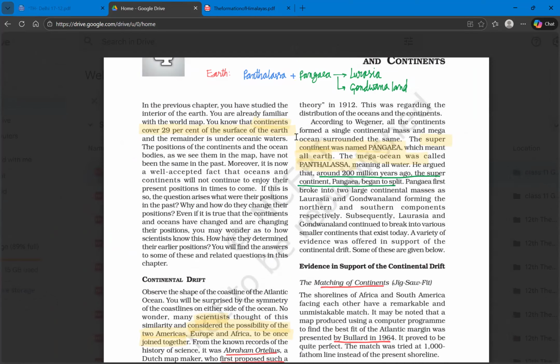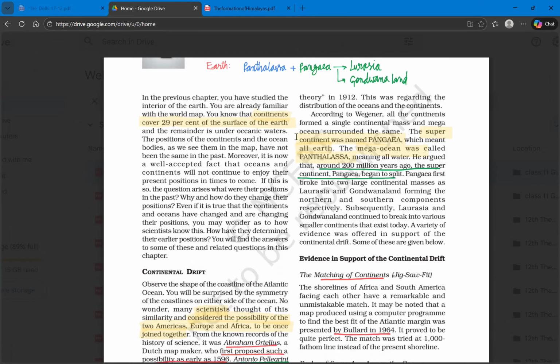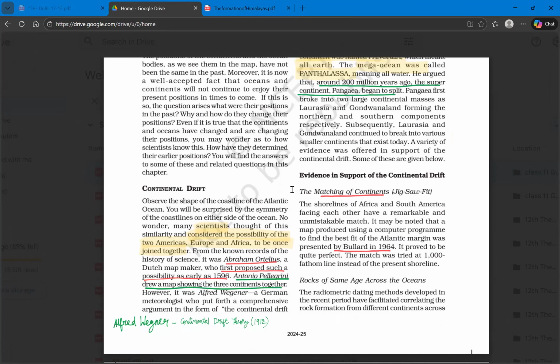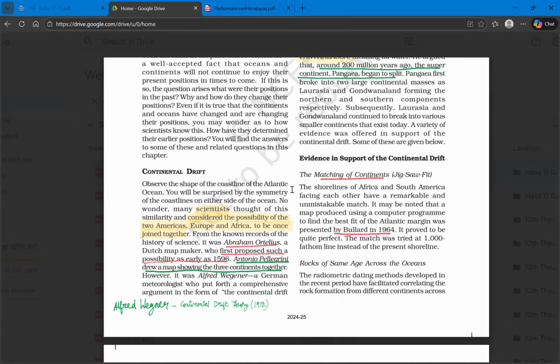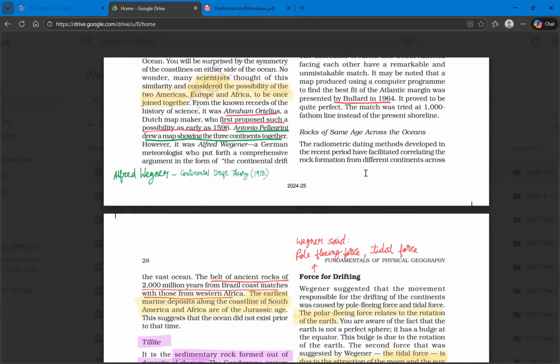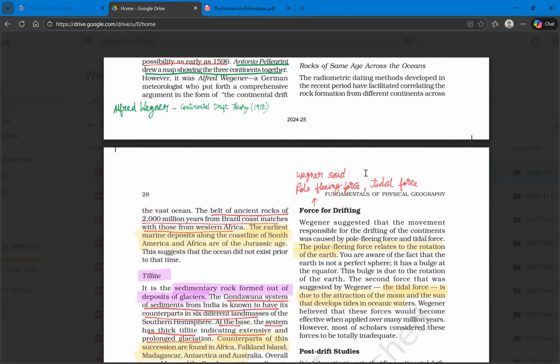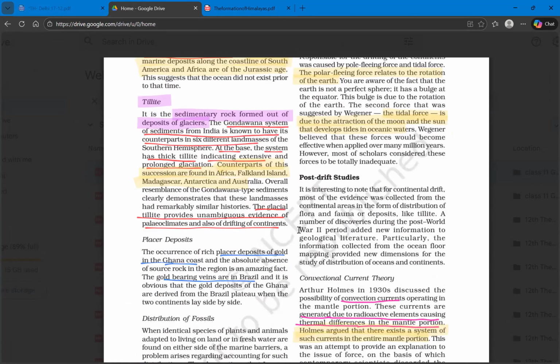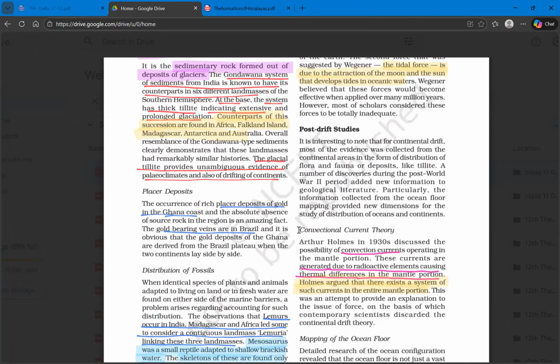Then the Pangaea began to split into two large continental masses called Laurasia and Gondwanaland. And we learned certain evidences that support the continental drift theory, like matching of continents, rocks of the same age across the oceans, tillite, placer deposits, and distribution of fossils.